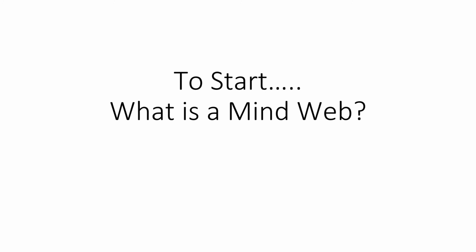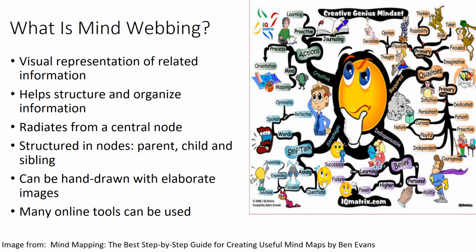Now, to start thinking about what the big picture is, a good skill students use is to create a mind web. On a mind web, there are essentially 6 pieces that comprise it. First, let's get into the most basic idea of what a mind web is.